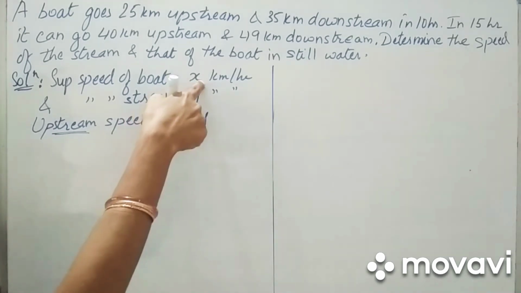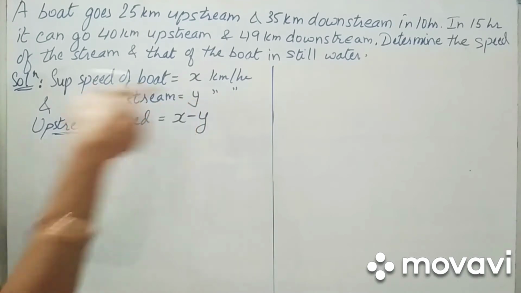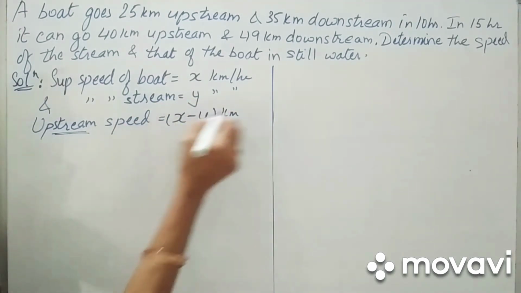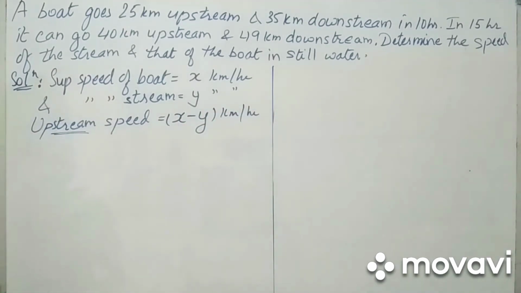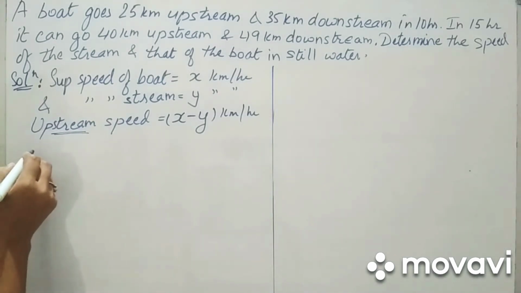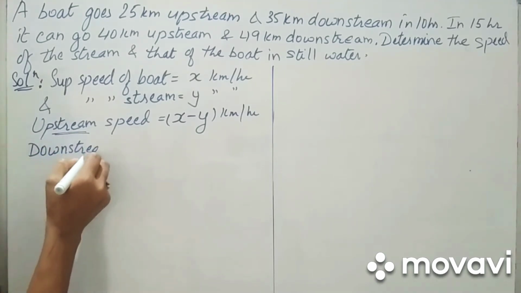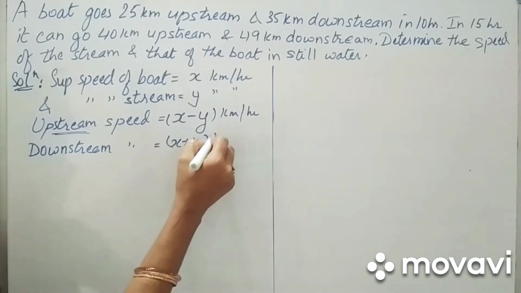Upstream speed is the speed of the boat minus the speed of the stream, meaning speed of water. So this will give you x minus y kilometer per hour speed. Same way, downstream speed is equal to, it would add up.